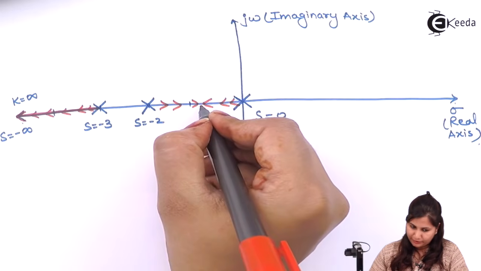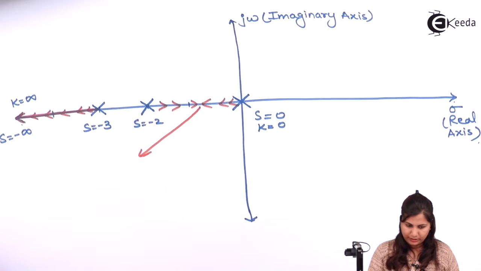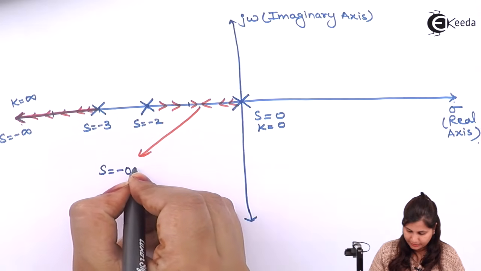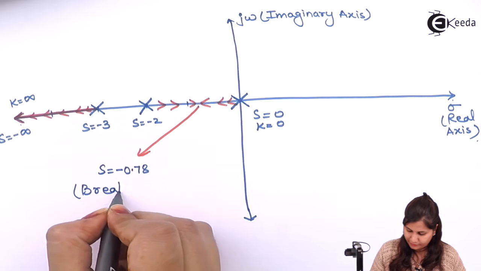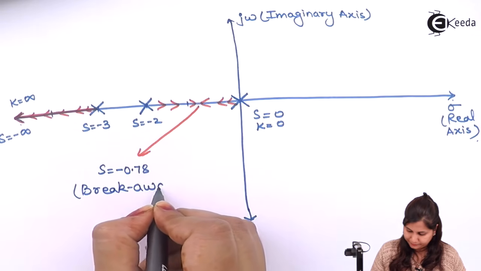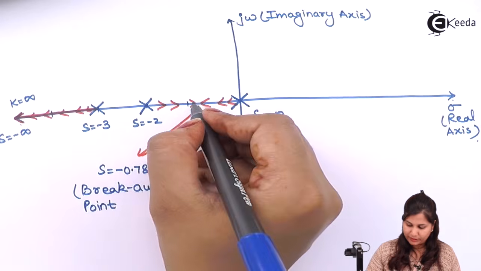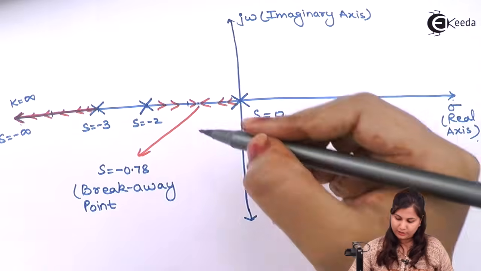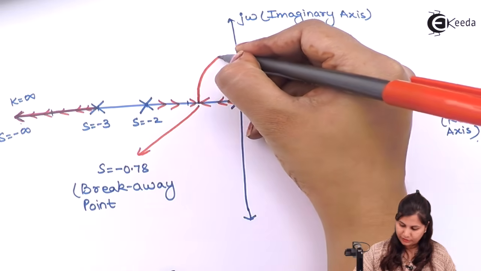So this breakaway point is what? s equals minus 0.78. This is our breakaway point. So from this point, that is minus 0.78, these two root locus they will be diverging.